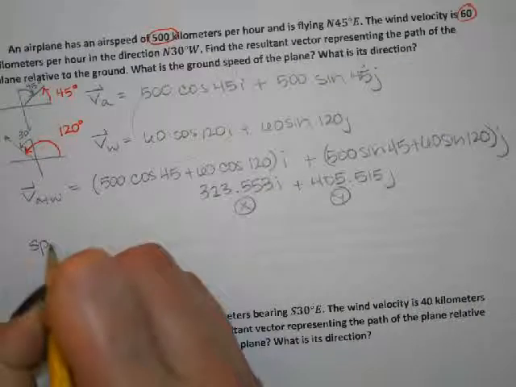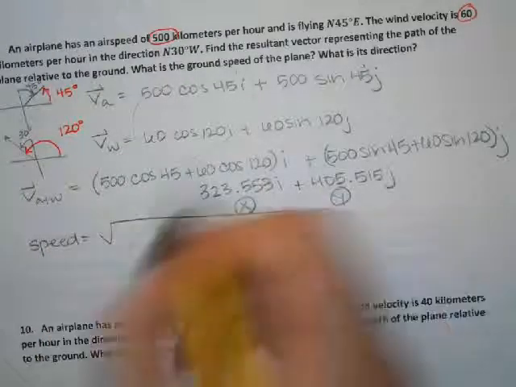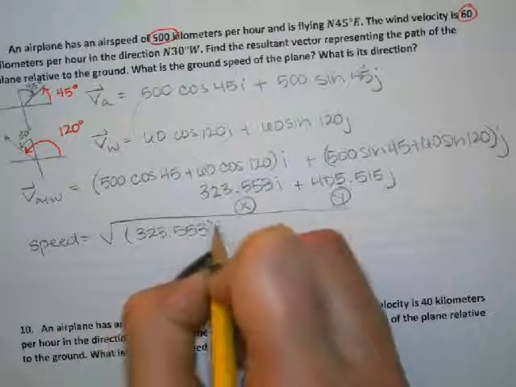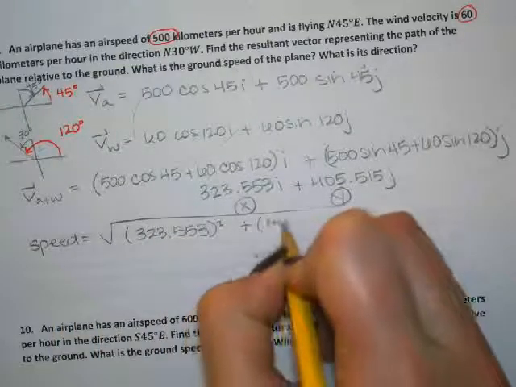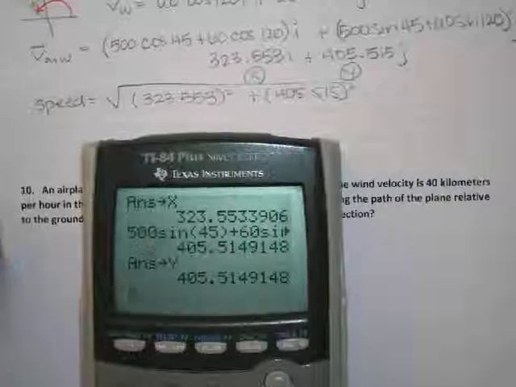Okay? So now I'm going to say speed is the square root of 323.553 squared plus 405.515 squared. But in my calculator, I'm really just going to type square root of x squared plus y squared.